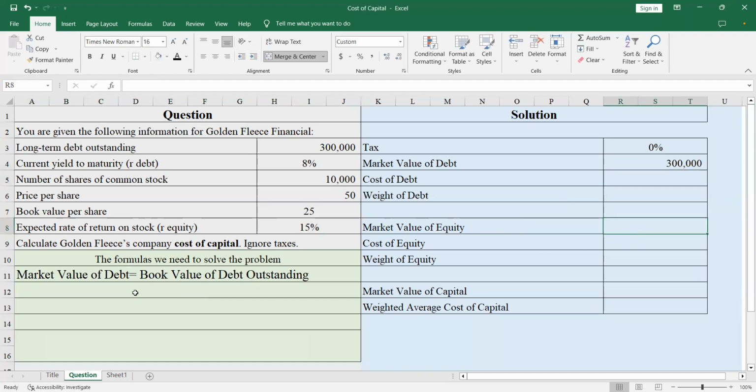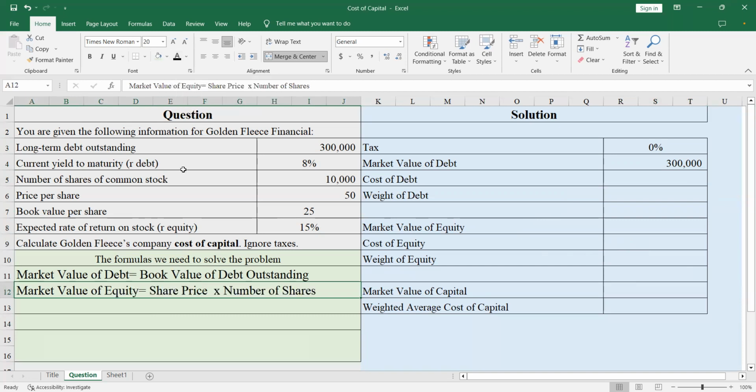Now the market value of equity. To find the market value of equity, we will have to use this formula. Market value of equity is share price times number of shares outstanding. Now we are given two price levels, the market price per share and the book value per share. Whenever you're using the WACC formula, whenever you're calculating the cost of capital, use the market prices, not the book prices.